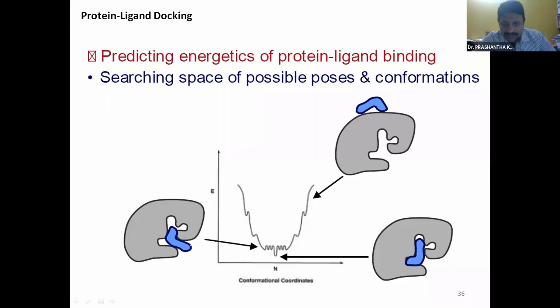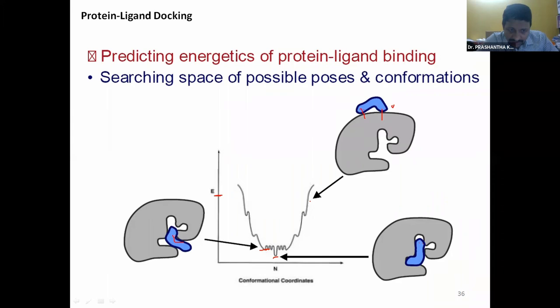Then we will have the energy. If the ligand is interacting here, this will be the associated energy. Energy is high. When it is interacting here, this portion, the energy is going somewhere around here. When the interaction is here, the energy is very low. On what basis? The interaction between this protein and ligand is there only in these 2 contexts, so complementarity is less.